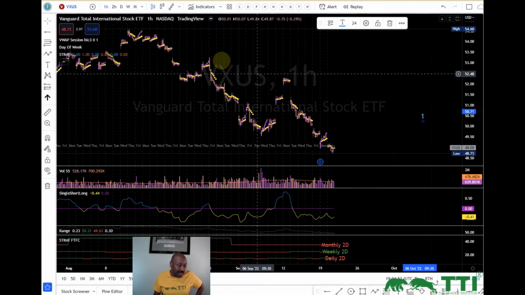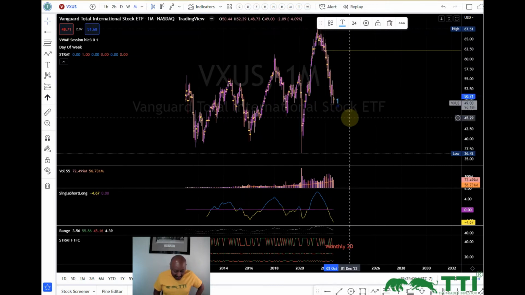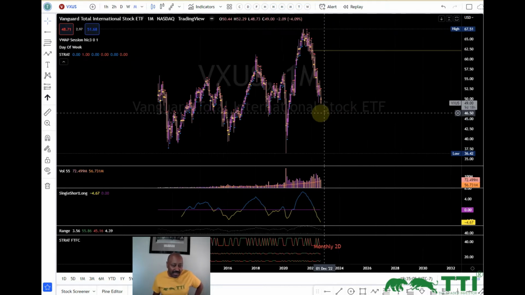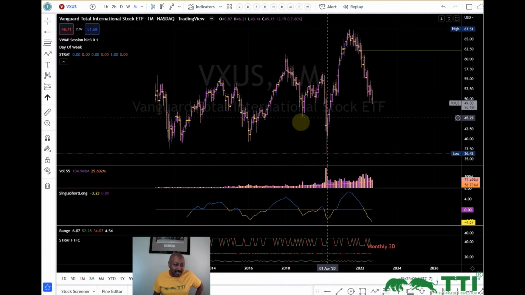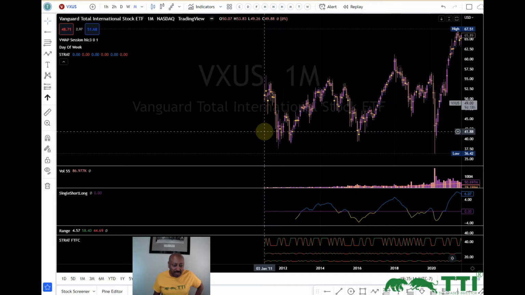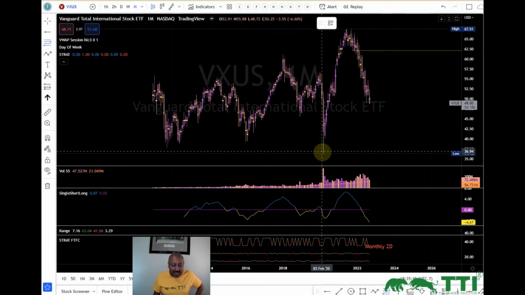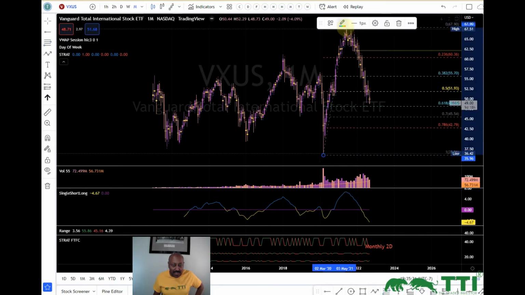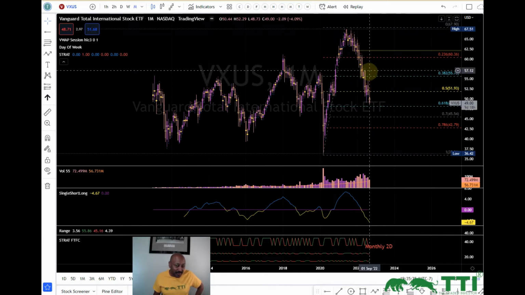But before we take action, we have to understand the concept and why price does what it does. And the reason why I start on the monthly is the monthly kind of sets the tone. Which way am I heading? And so far, for example, in this ETF, which started in 2011, if you look at low to high, we are pulling back green to green, right?